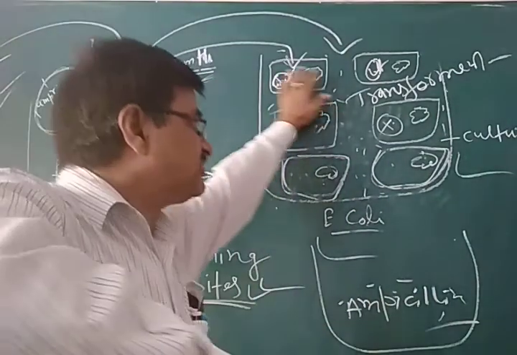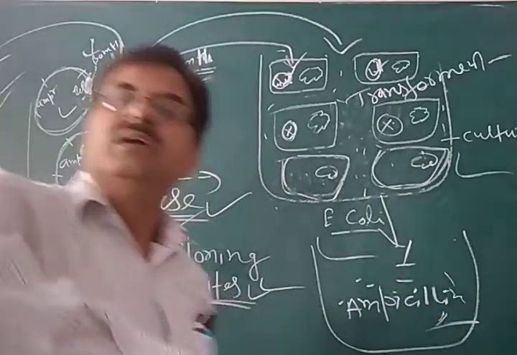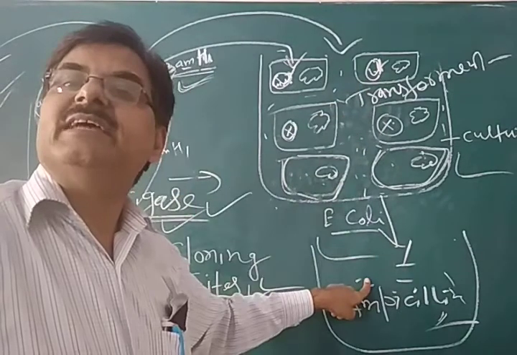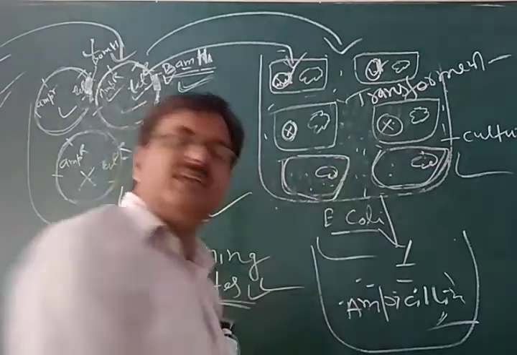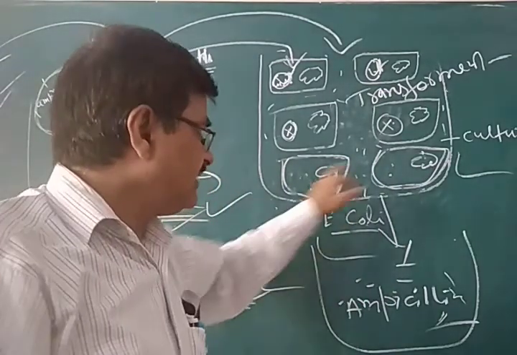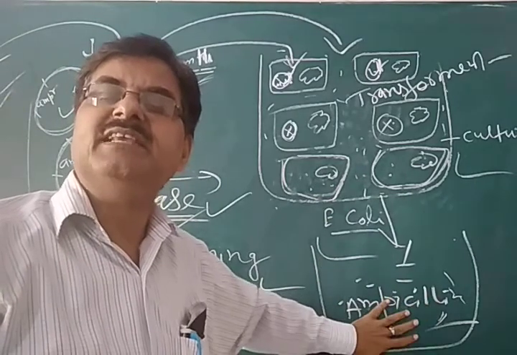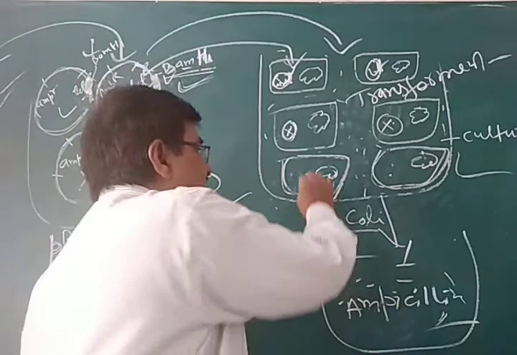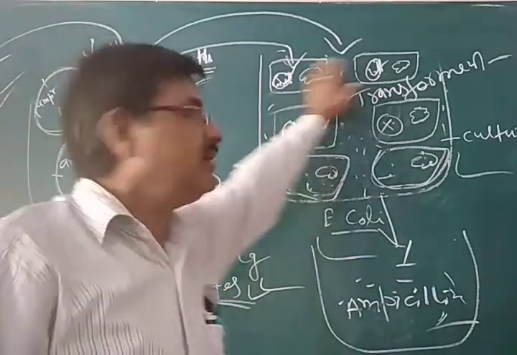When we transfer these bacteria into the ampicillin containing medium, the transformant will grow, but the non-transformant will die, because the non-transformant has no resistance against ampicillin. So ampicillin kills the non-transformant but allows the transformant to grow.